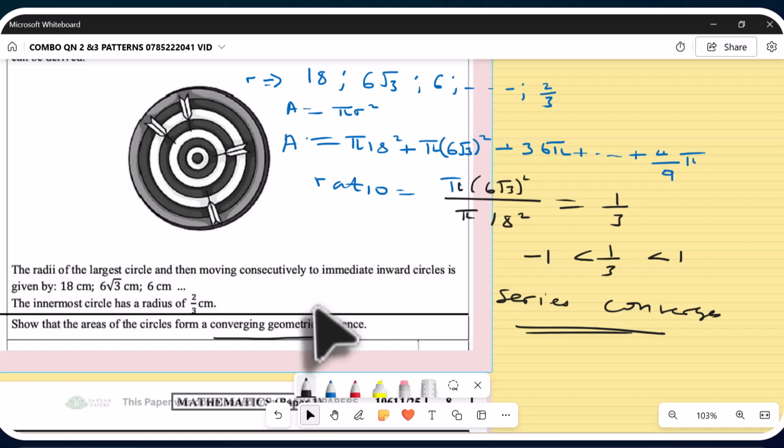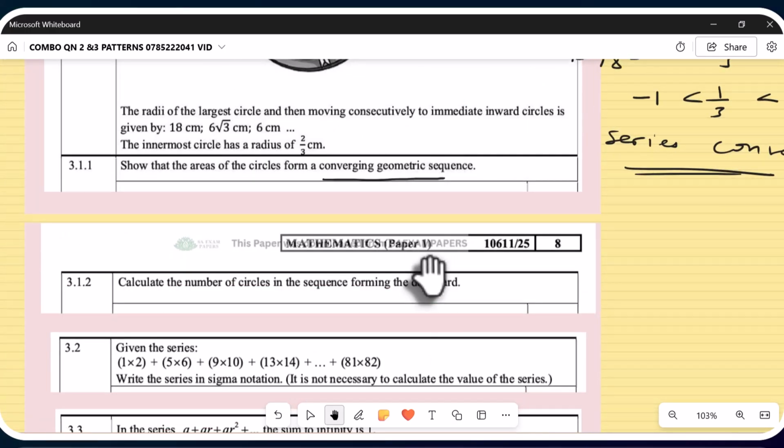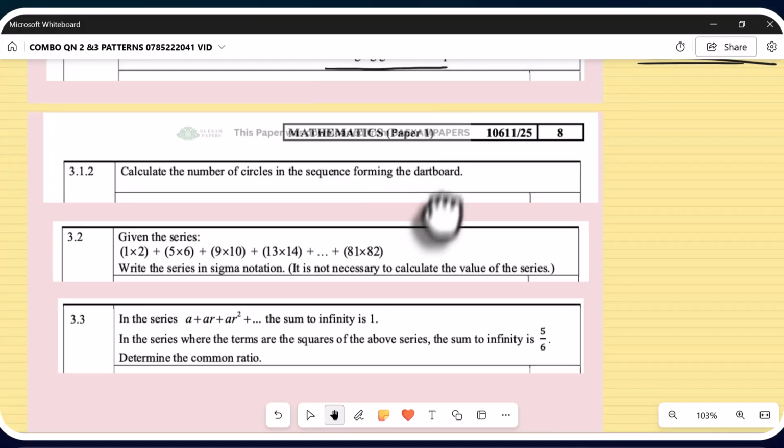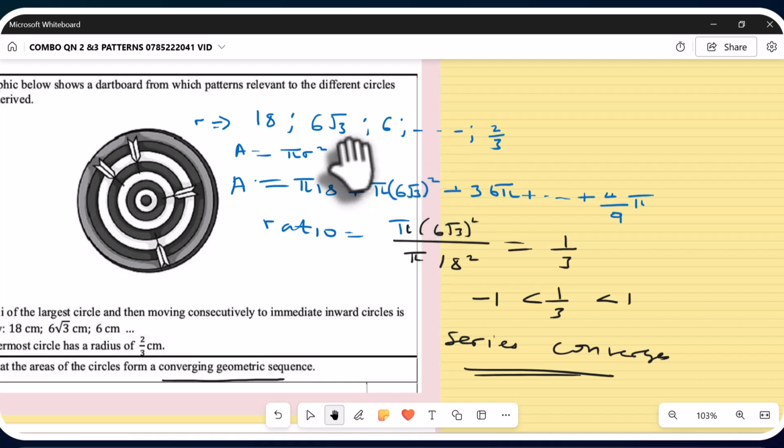Now I have root 3 here divided by 3, then power n minus 1. I'm looking at the number of circles equals 2 over 3. So in here, I can divide by 18, right?